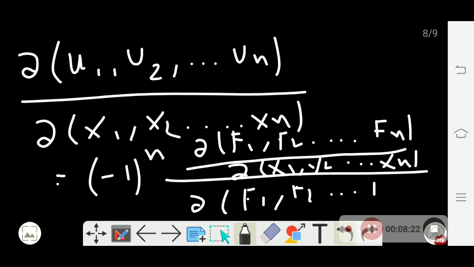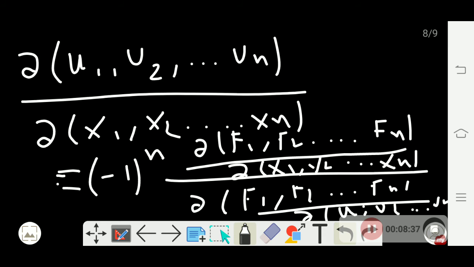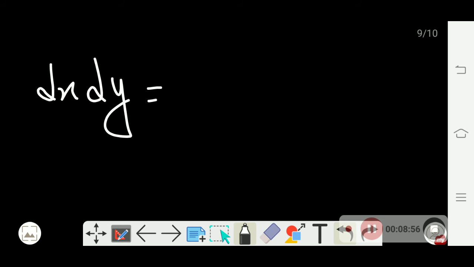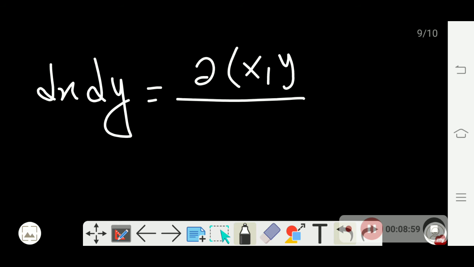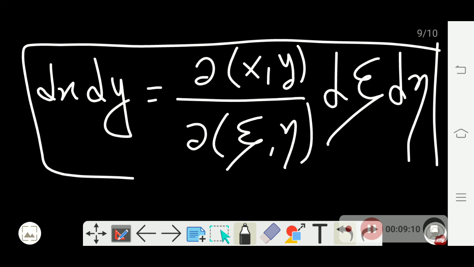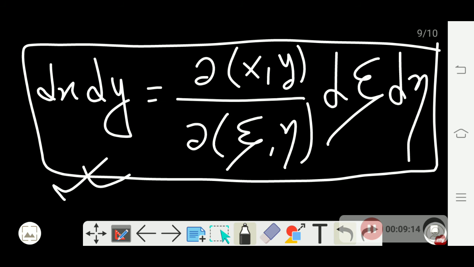You may be unable to understand it right away. Also, you can write dx dy as del of x comma y, like this. This is required in a problem, that's why I have told it.